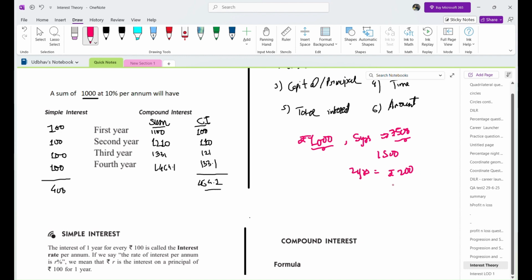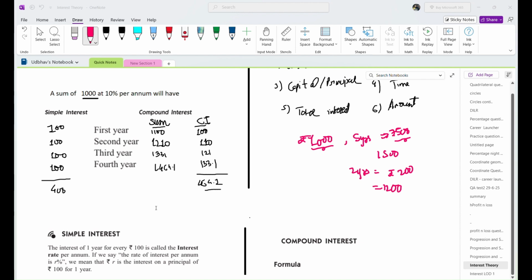It can be at any time. So you have to calculate the interest for that time, for 2 years. We are not going to use the interest for 5 years here. We are going to use the interest of 2 years. So 1000, and after 2 years we get an interest of 200 rupees. So the amount here will be 1200 rupees. So amount is always equal to principal plus total interest for that specific period of time.